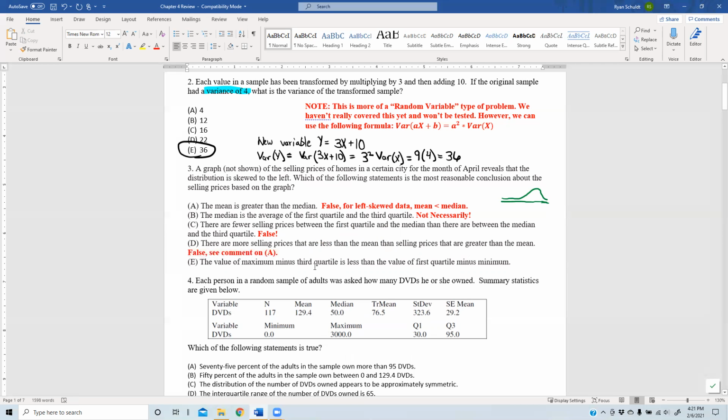The mean is less than the median. So that means there are going to be more prices above the mean than below the mean.